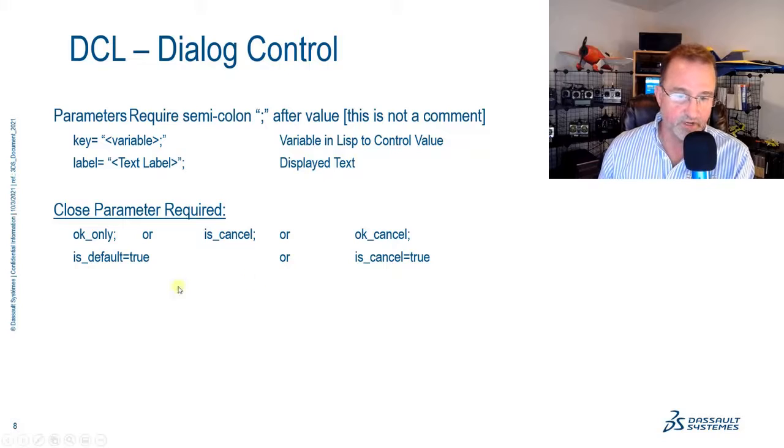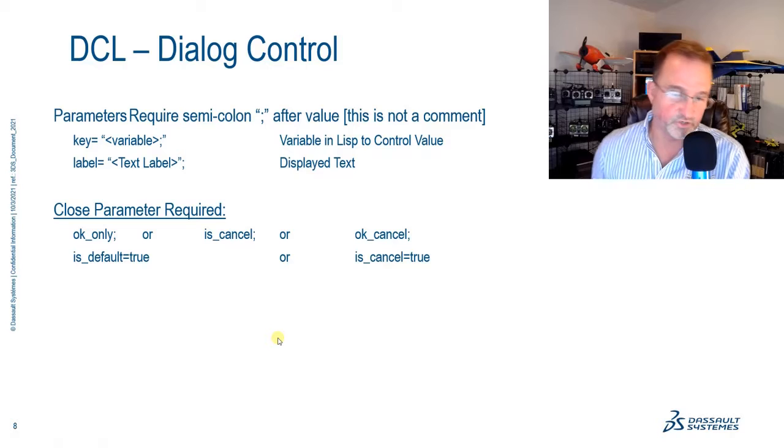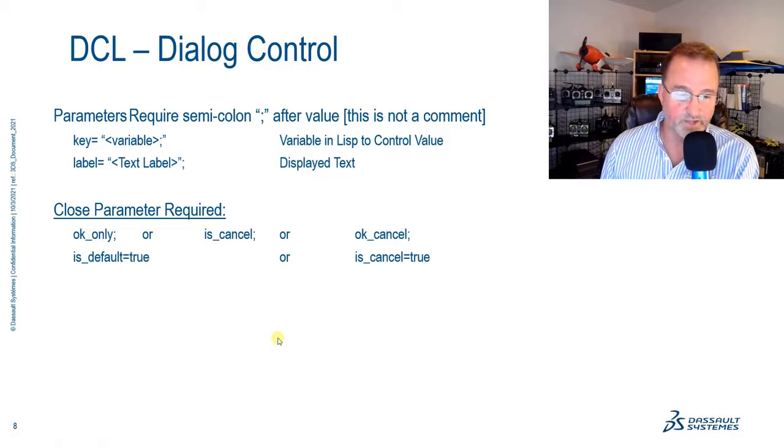So something to keep in mind. Be very careful when you're doing this. Make sure you're not working on production drawings when you are working on these dialog boxes, because if you forget one of these close parameters, you will not be able to get out of the interface that you've got displayed on the screen.